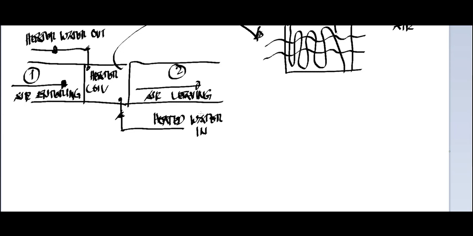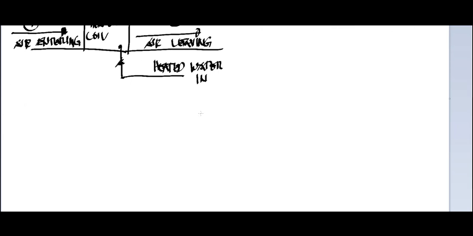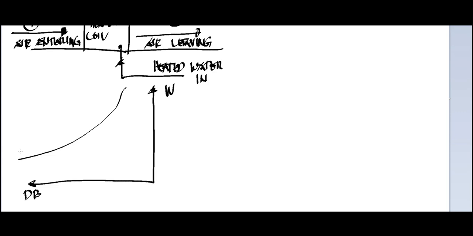So if we're going to plot that in a psychrometric chart, we have here your dry bulb temperature going here, and you have your humidity going right here, then you have your curve.